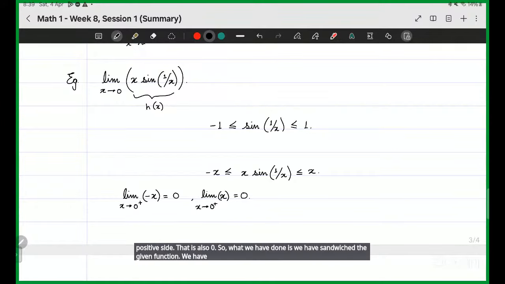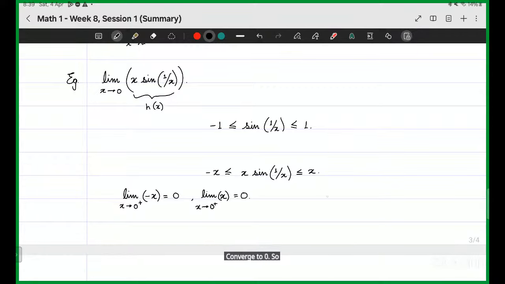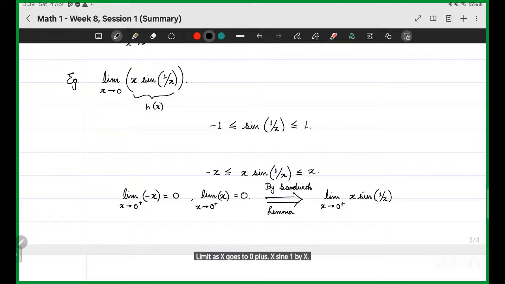We have to calculate the limit of some function. We have written it in between two functions, both of which converge to 0. So the sandwich lemma says that the limit as x goes to 0 plus of x sine 1 by x is equal to 0.